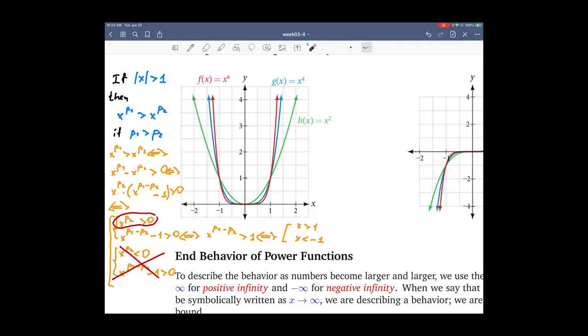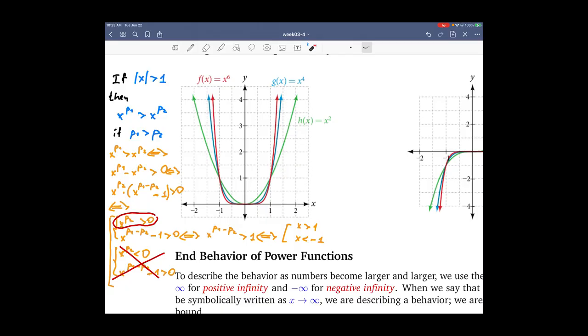If x is greater than 1 or less than negative 1, then the absolute value of x is greater than 1, and x to the power p1 minus p2 will be greater than 1 if p1 minus p2 is greater than 0, and less than 1 if p1 minus p2 is less than 0. So we establish the other statement.